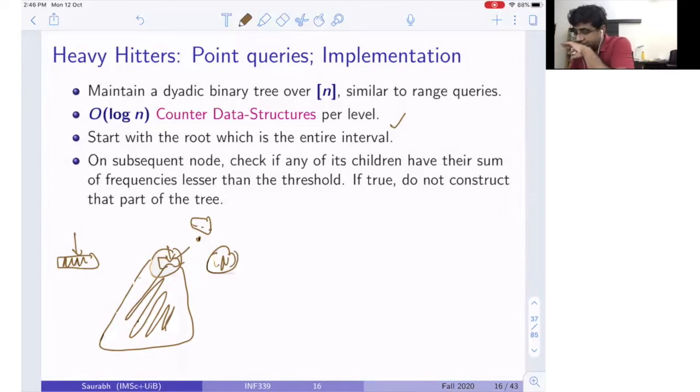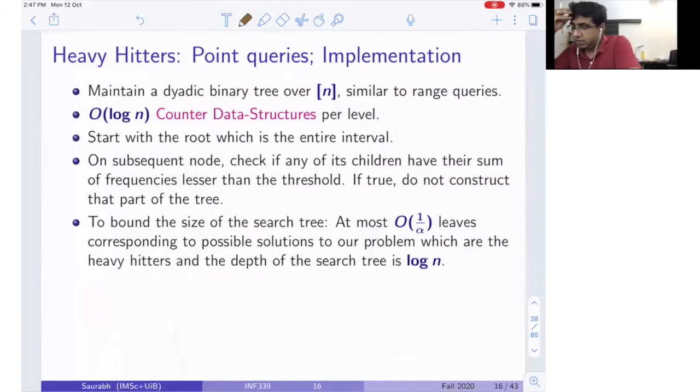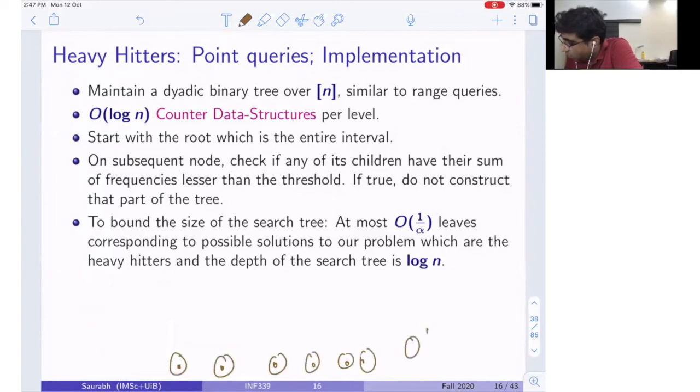Now the question arises: why is this tree small? Notice one thing. How many nodes in the leaves are heavy hitters for me? Roughly order 1 over alpha leaves.